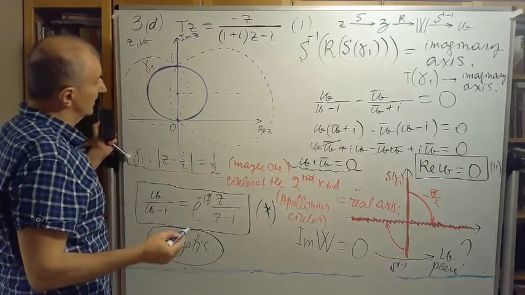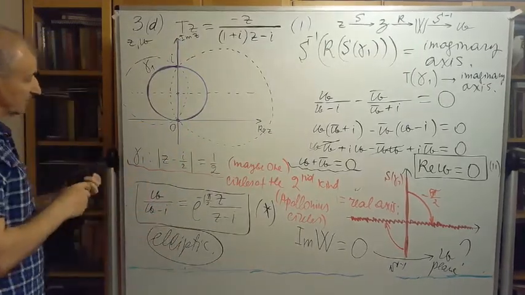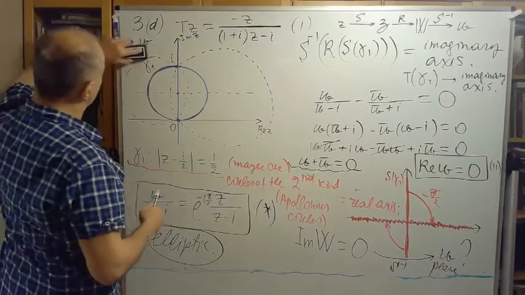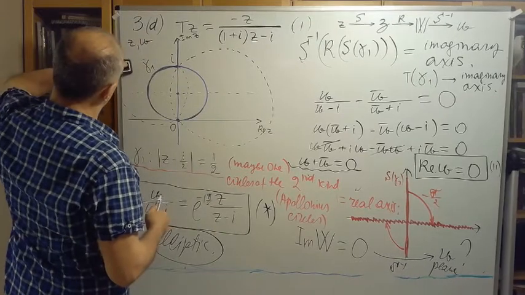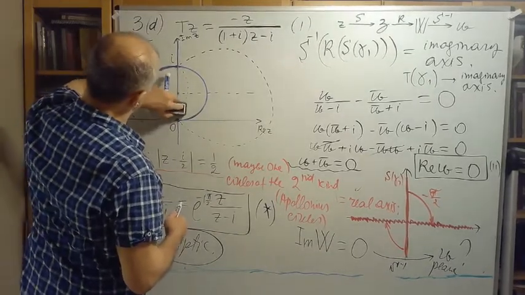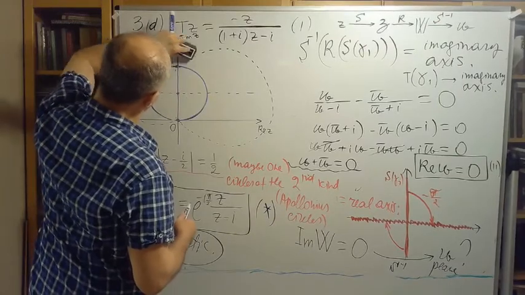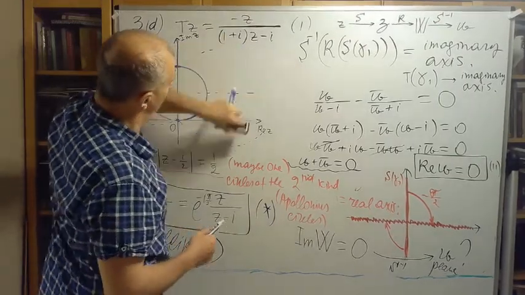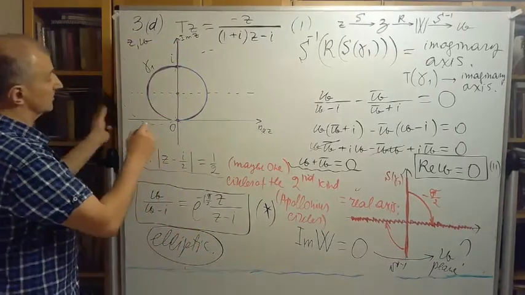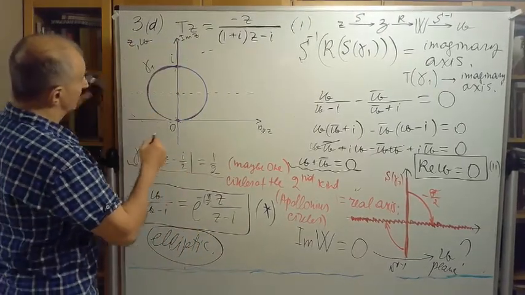How does it move? I will erase this for now because it will hinder the clarity of what we would like to see. And I will draw in dotted lines the Apollonius circles, the circles of the second kind.